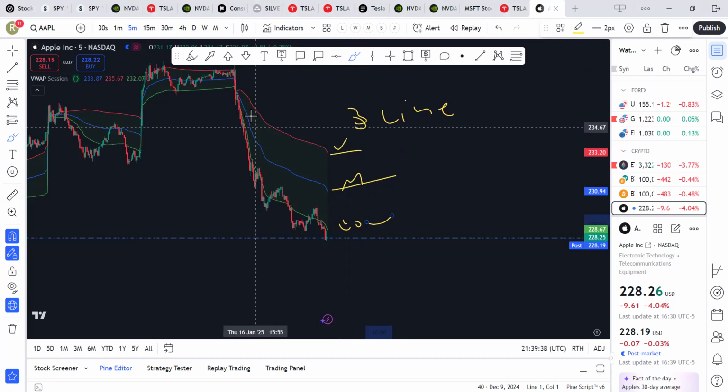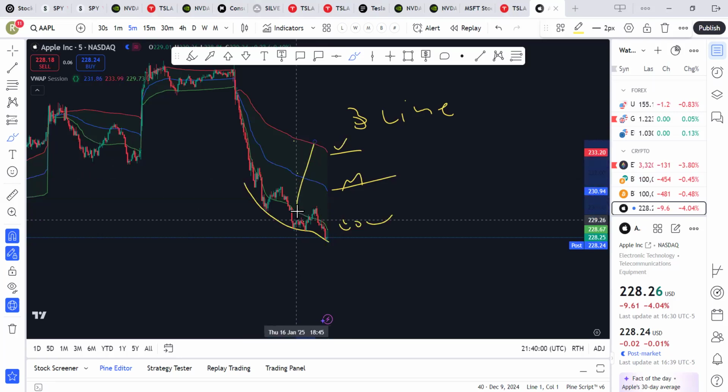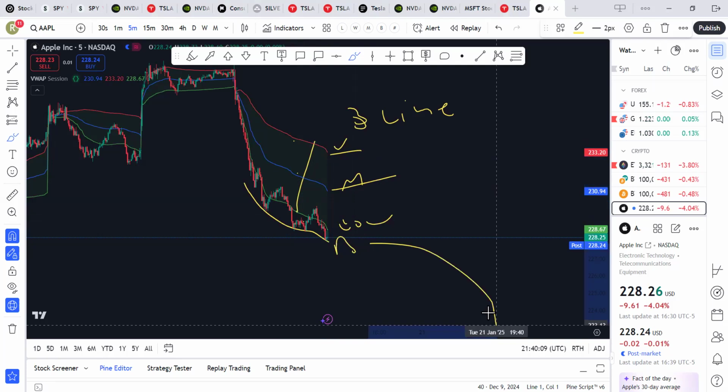So you see, the stock now is bearish, because remember that price cannot be below the moving average. That's why we call those three lines moving averages, but they are in the VWAP. Whenever the price, which is the candles, is below these three lines, the stock is bearish and starts going down.